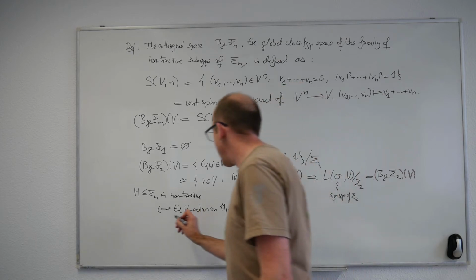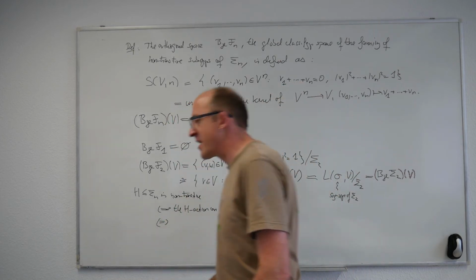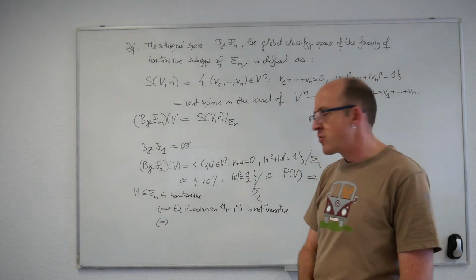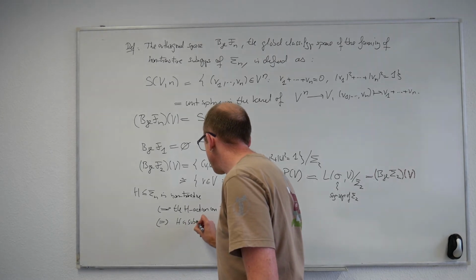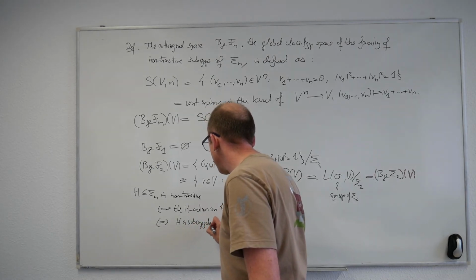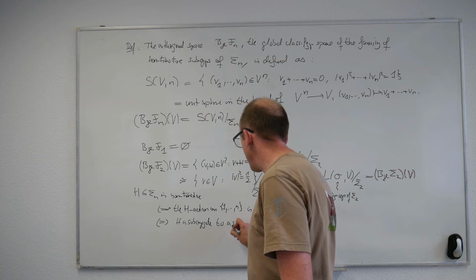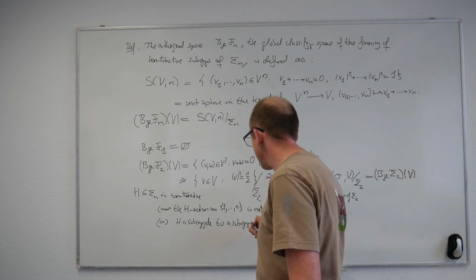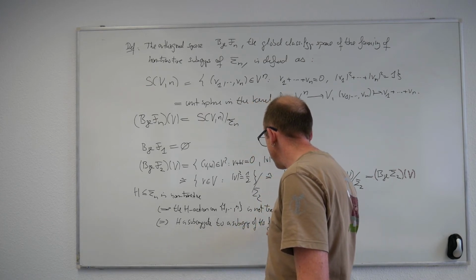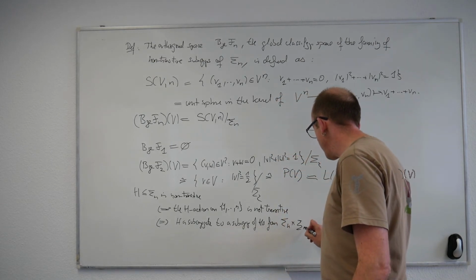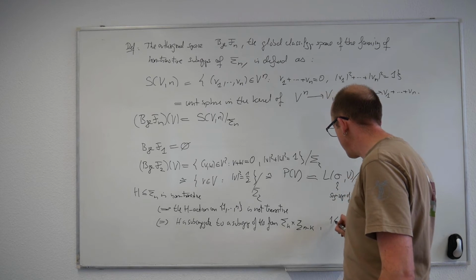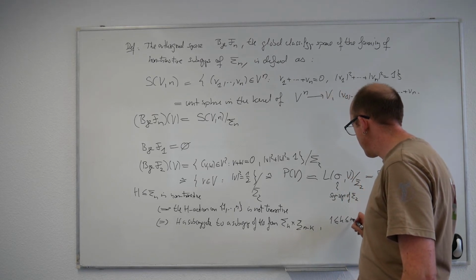And you can characterize this because you can clearly identify the maximal non-transitive subgroups up to conjugation. This means that H is subconjugate to a subgroup of the following form: sigma k cross sigma n minus k for some 1 less than or equal to k less than or equal to n minus 1.